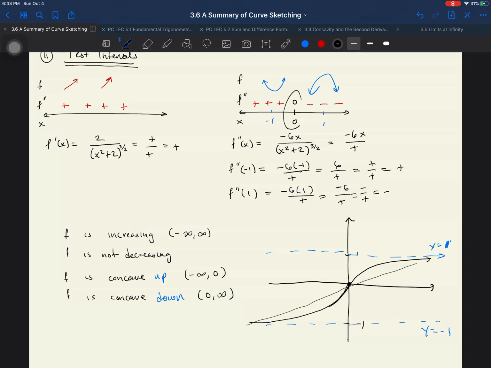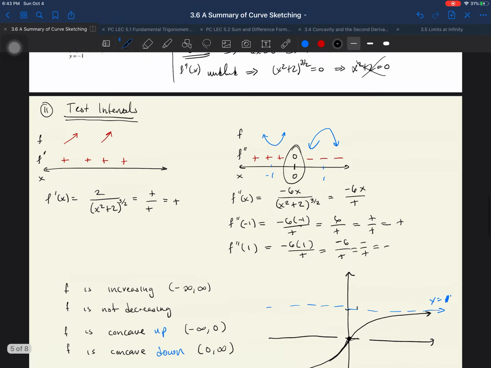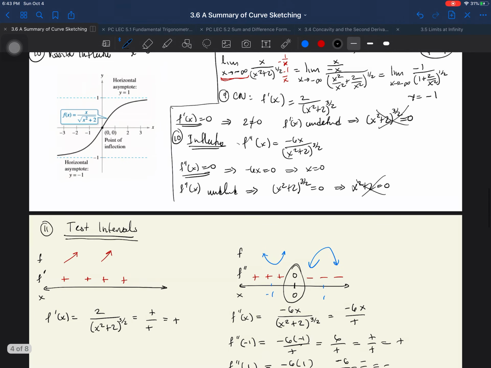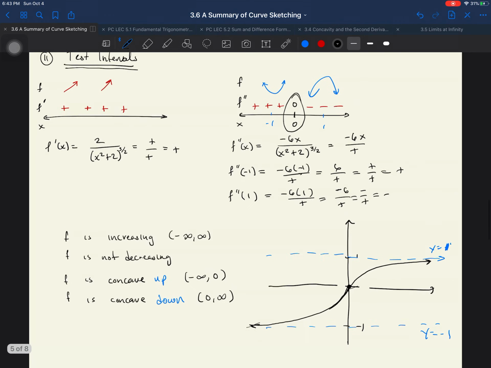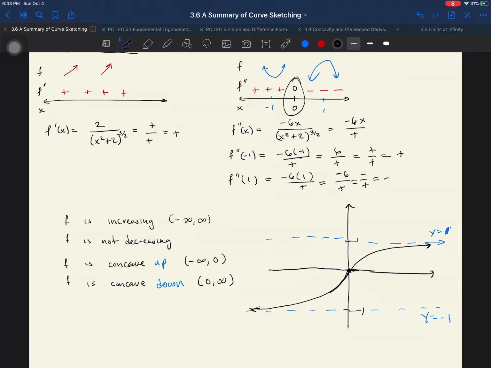So this is an inflection point at 0, 0. Therefore, we can conclude that our function is going to look sort of like this, and it's always going to be increasing. So there you go. We are able to graph this function with a lot of detail, and obviously we want to make sure we label our graph.